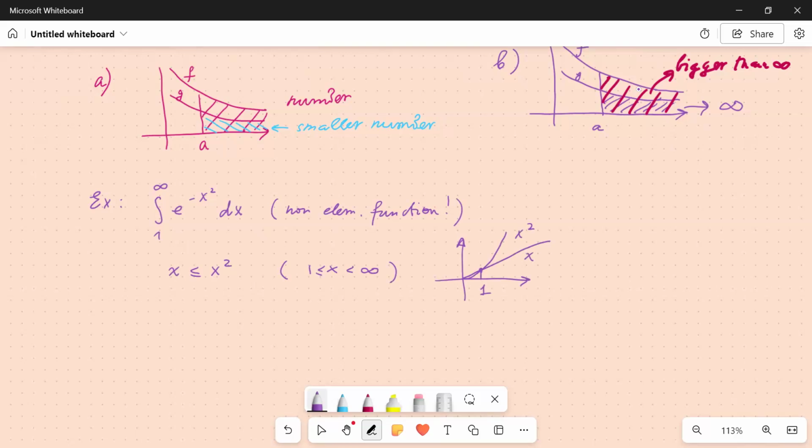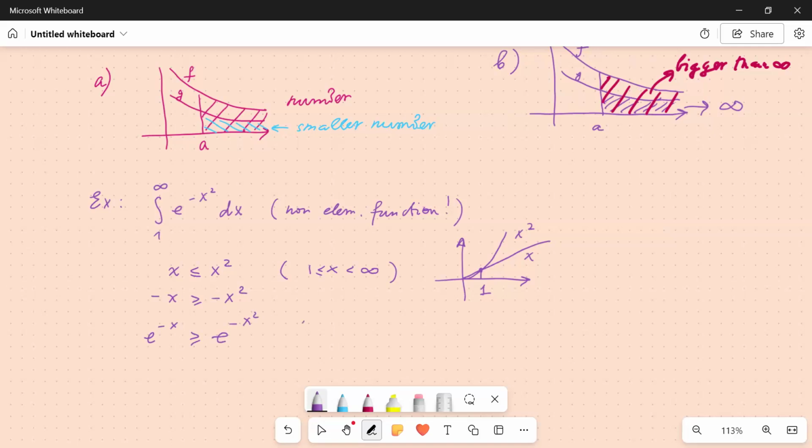Okay, what I'm going to do next, guys, if I put minus x and minus x squared, I'll need to change the sign of the inequality. Now, if I put e to the power, I don't do anything with the sign because e to the x is an increasing function. Remember, if we apply an increasing function to both sides, the inequality stays.